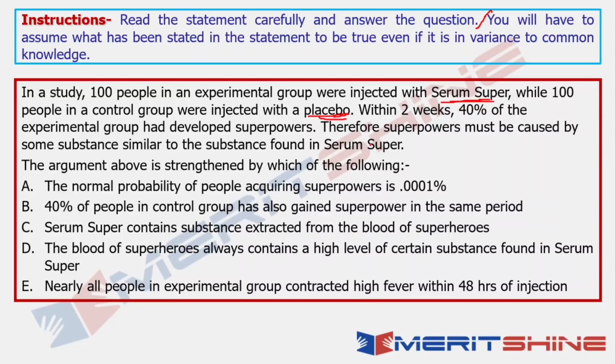Therefore, superpowers must be caused by some substance similar to the substance found in serum super. So, what is the data? This is the conclusion, guys. So, what's the kind of question this is? The argument above is strengthened by which of the following? So, the last to last question was assumption, the last question was conclusion. In conclusion, what did we do?